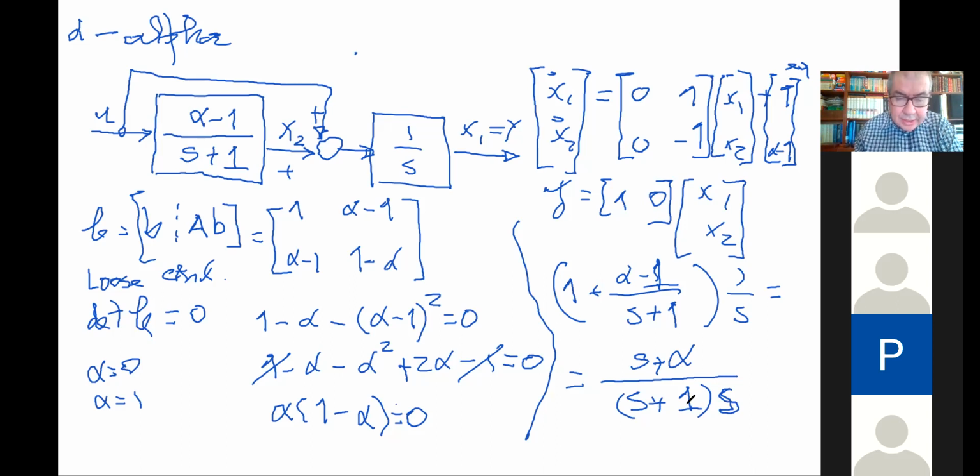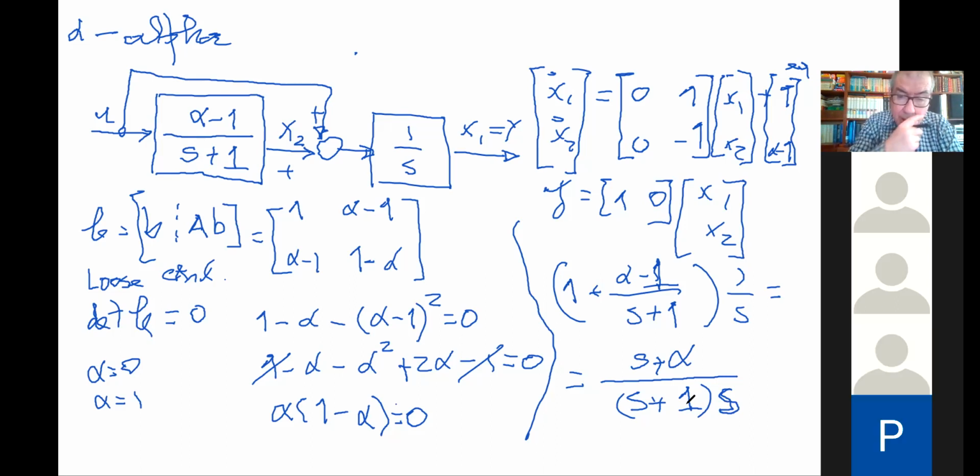Professor, can you please explain how we got the matrix 1, alpha minus 1, alpha minus 1, 1 minus alpha? You mean the controllability matrix? Yes, please. I have stated before that for a state realization to be controllable, this matrix must have rank n.